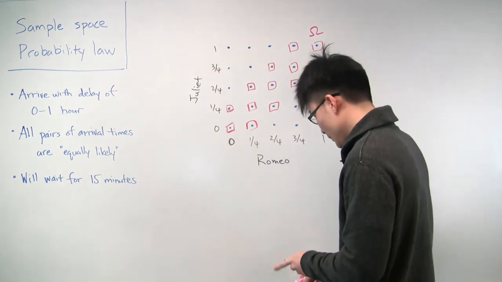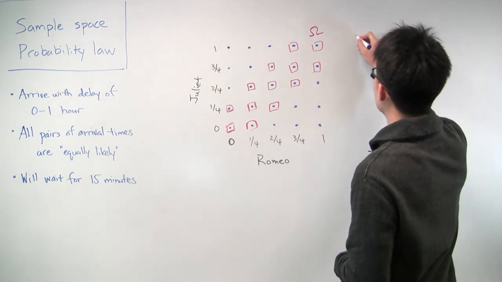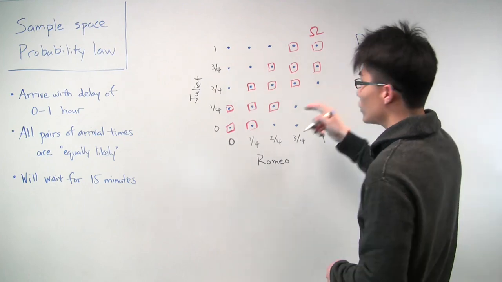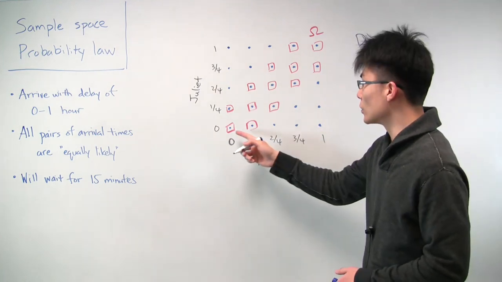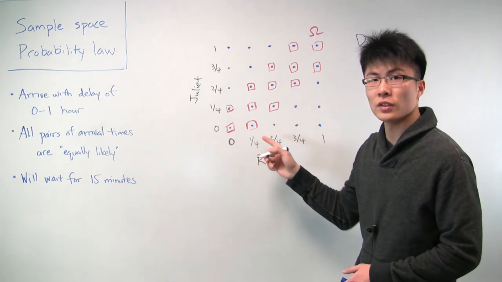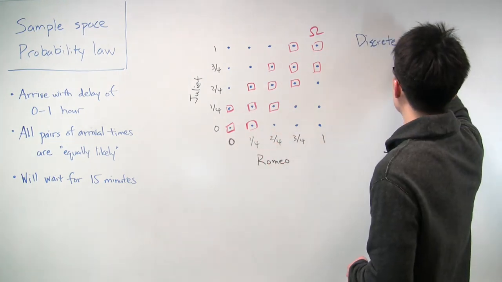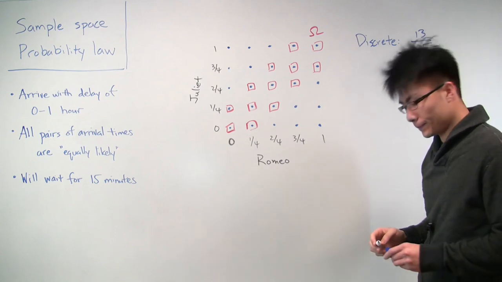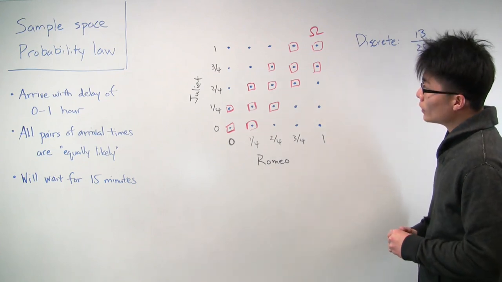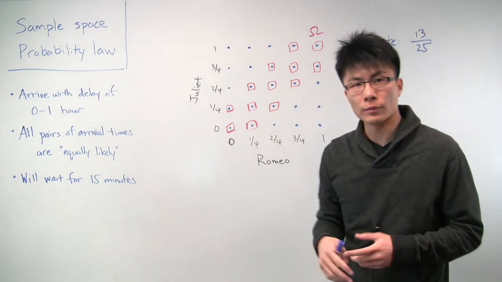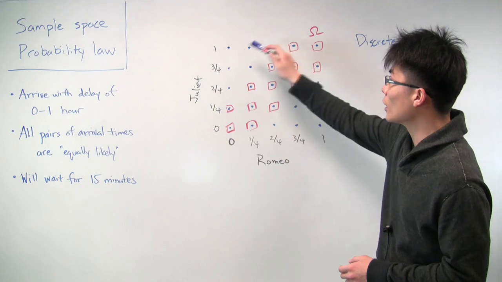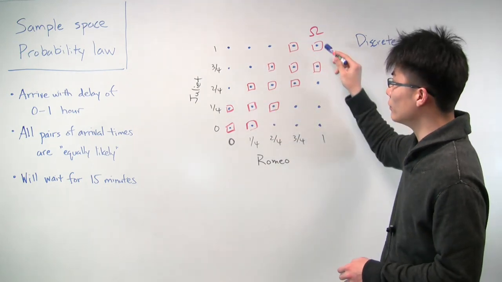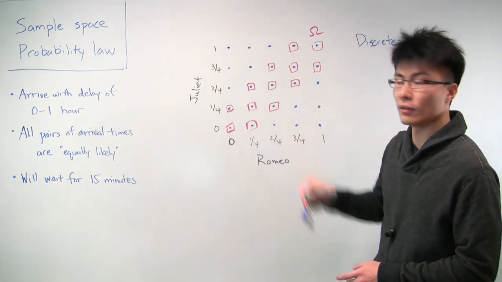So the probability in the end is, for the discrete case, I'm referring to the case where we've simplified it and considered only arrival times in increments of 15 minutes, in this case, the probability is 13 over 25. Okay, so now we have an idea of how to solve this problem. It amounts to basically coming up with a sample space, a probability law, and then identifying the event of interest and calculating the probability of that event.